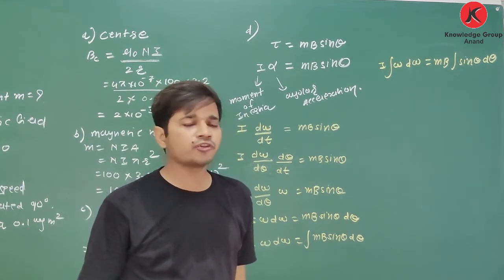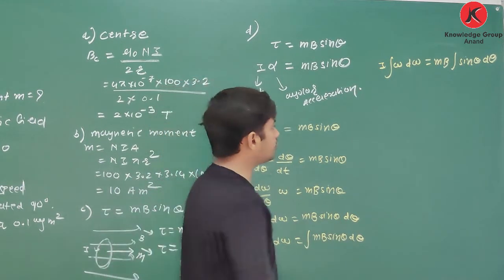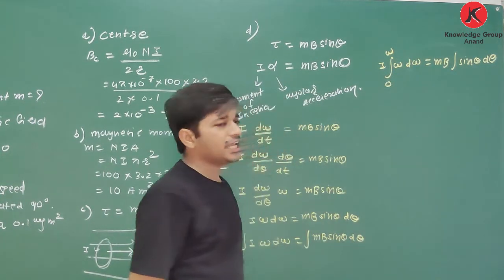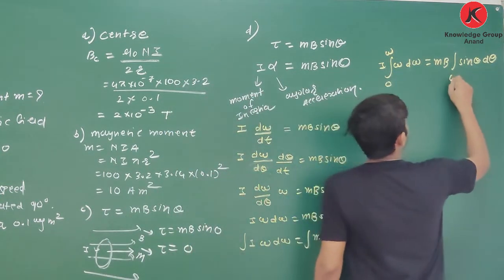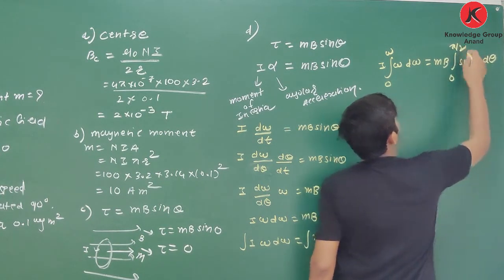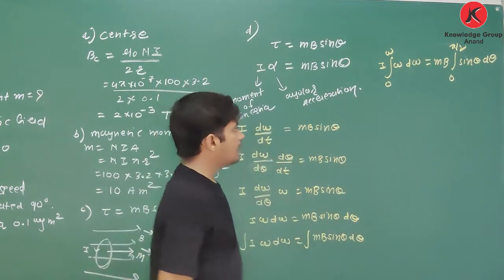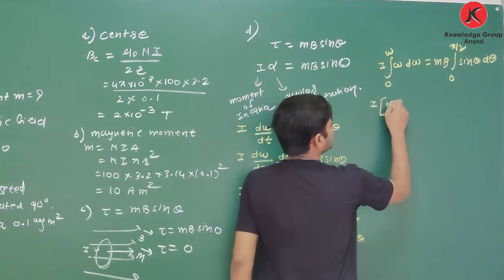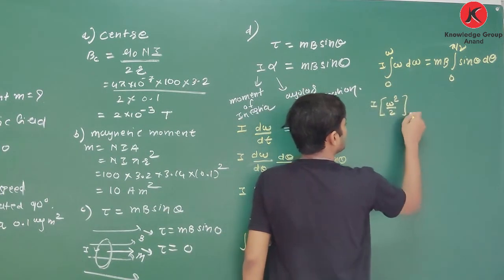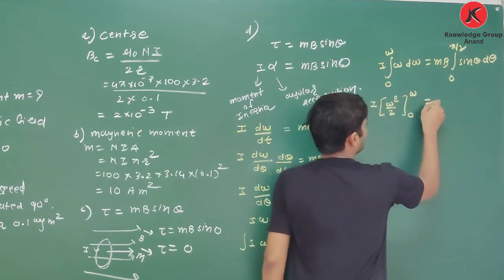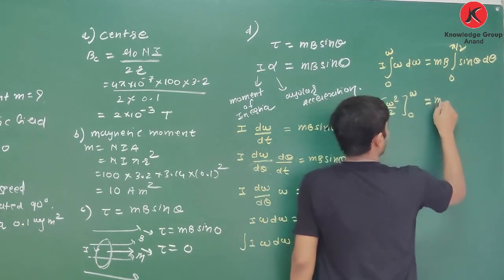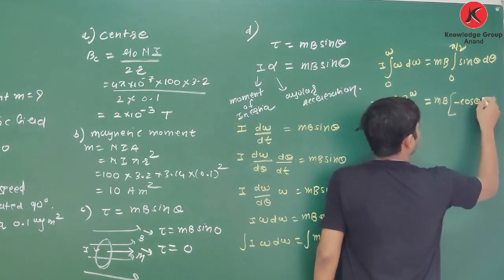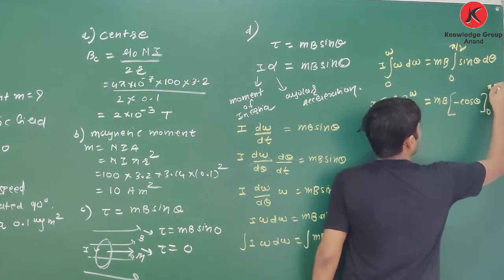Initially, when it is not rotated, the velocity is 0, and the final velocity we have to find. Initially the angle is 0, then it is rotated by pi by 2. The integration of omega d omega is omega square by 2, with limits from 0 to omega. On this side, the integration of sin theta is minus cos theta, with limits from 0 to pi by 2.